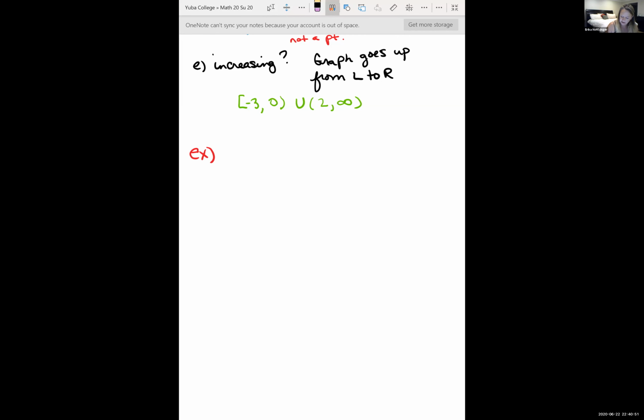So let's say you're given the graphs of two functions on the same axes. So let's say you have a parabola. The parabola, let's say, is intersecting at the x-axis at 2, 0. It has a vertex, so the minimum point is at 4, -3.